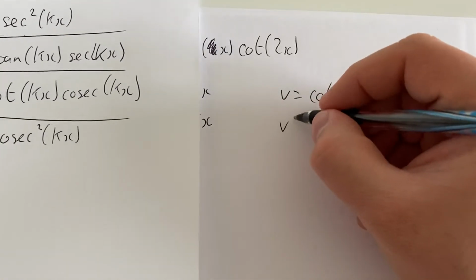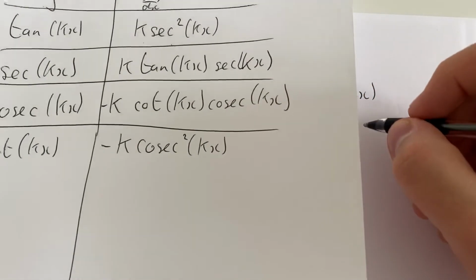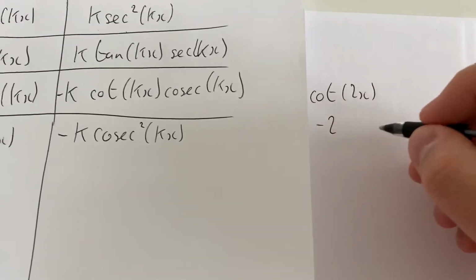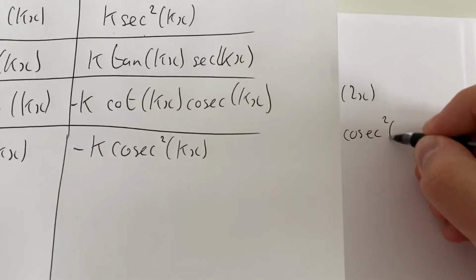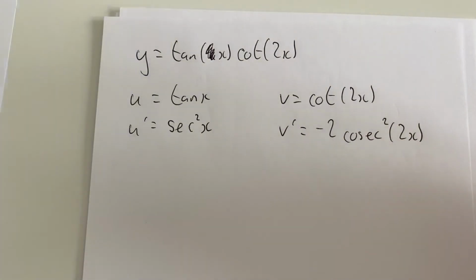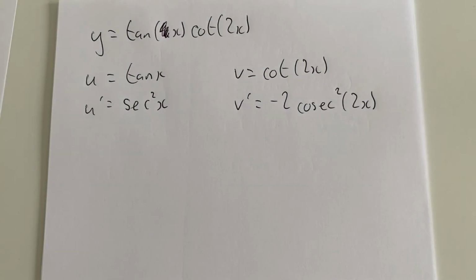Cot, a bit more complicated. So referring to the formula book, cot of 2x goes to minus 2 cosec squared of 2x. And then we have all the bones of what we need to do.